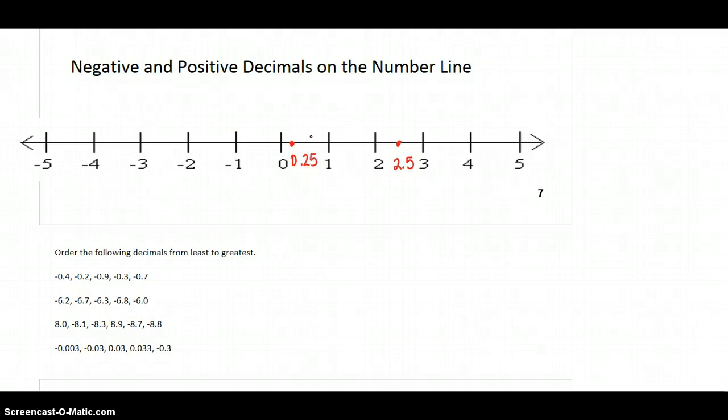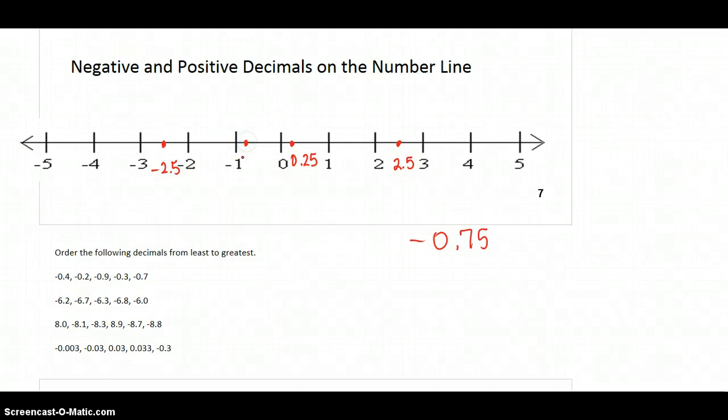What about if we were working with negative numbers? Where do you think negative 2.5 would be? Try graphing that. So that's about where negative 2.5 would be. What about negative 0.75? Try graphing negative 0.75.